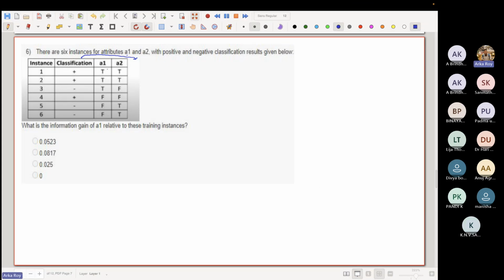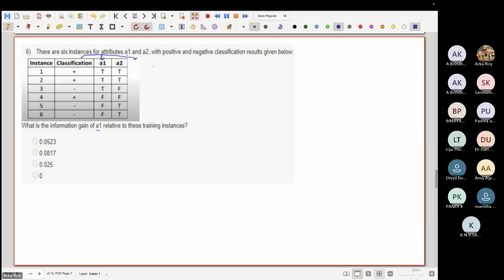Now, the question asks: what is the information gain of A1 relative to these training instances? So we have to focus on A1 as an input attribute or input feature and see what information gain we can observe.